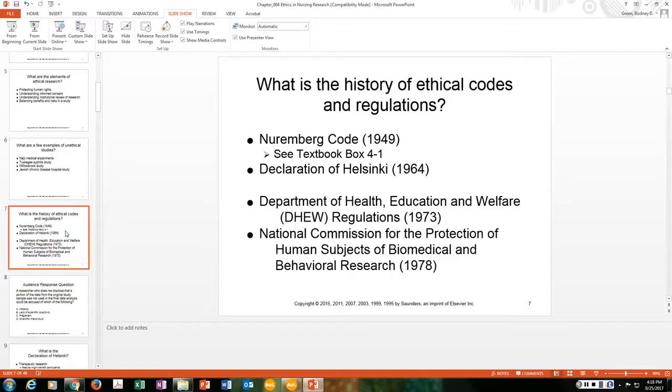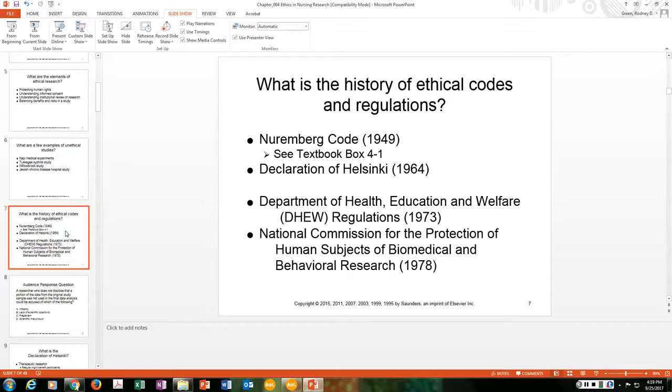The Nuremberg Code focused on voluntary consent, protecting subjects from harm, and they introduced the concept of risks versus benefits.